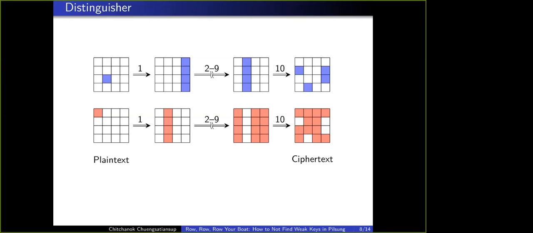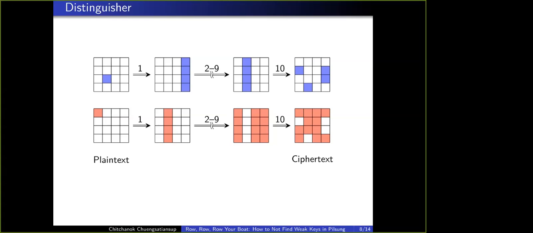And again, with round 10, shift row will shift those 4 identical bytes around and there's no mix column. It remains that we still have 4 identical bytes. So in either case, we end up having two ciphertexts that have at least 4 identical bytes. And the possibility of two random ciphertexts having 4 identical bytes is very small. Therefore, we can distinguish between a random permutation and the one that is created by Pilsung.